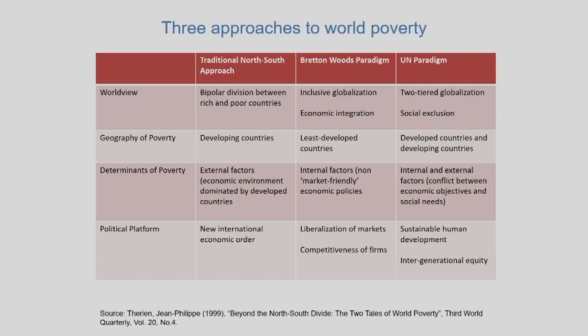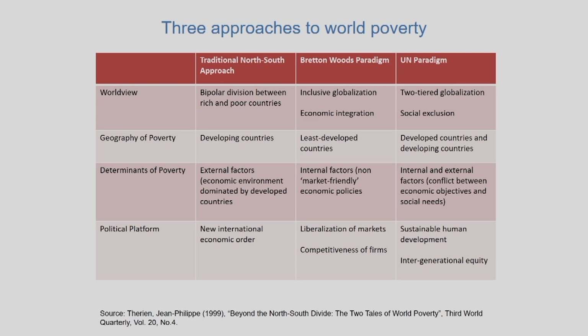And the political platform that these approaches used to forward their ideas of economic development. The traditional north-south approach talked about a new international economic order, basically integrating the north and the south, and what Prabhat Patnaik was referring to as diffusion of development of the north into the south.